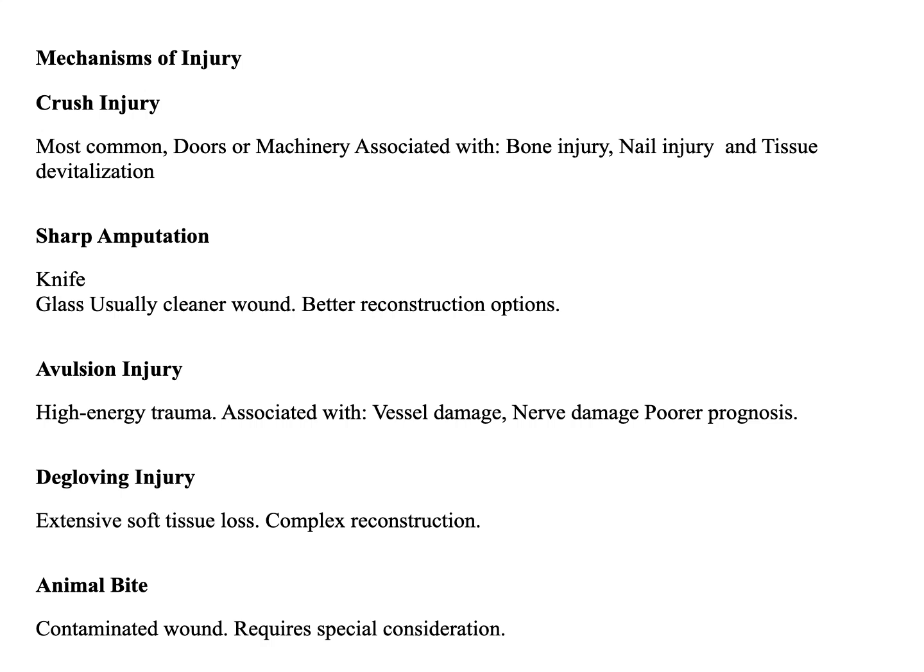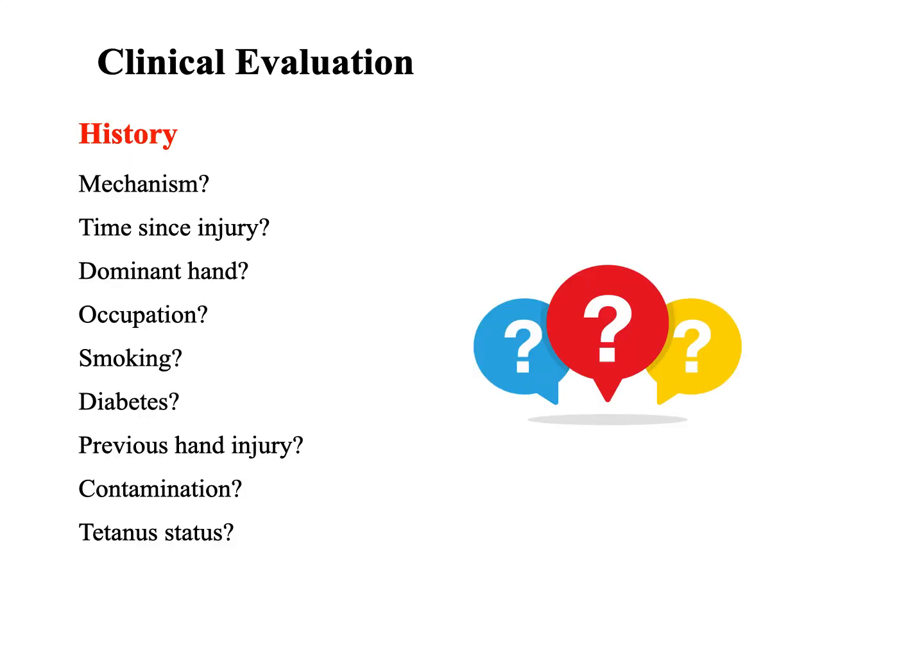Okay, animal bites. Animal bites are very common, especially in populations who breed cats. For the clinical evaluation, like we said, we need to know the mechanism of injury, time of injury, and others like dominance and occupation. Where the injury occurred is very important.